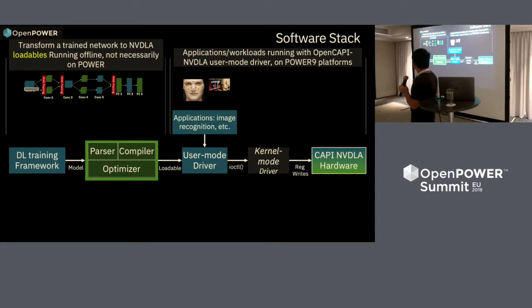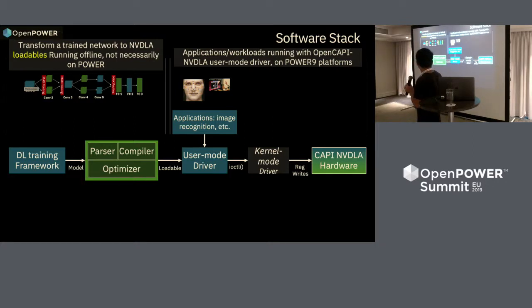In this format, NVIDIA has two kinds of drivers: user mode driver and kernel mode driver. The user mode driver takes this loadable as input and parses it to see how many layers there are and what the real task is that they are going to perform.